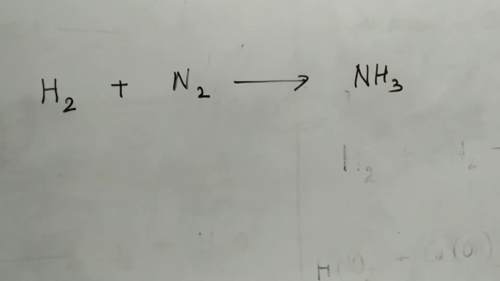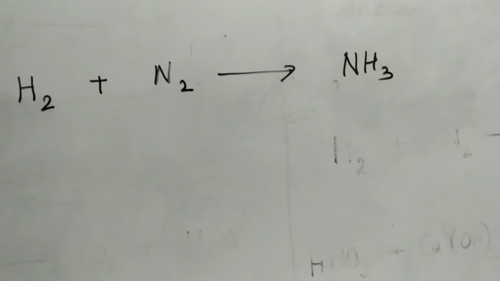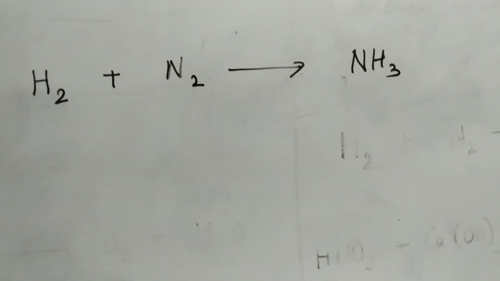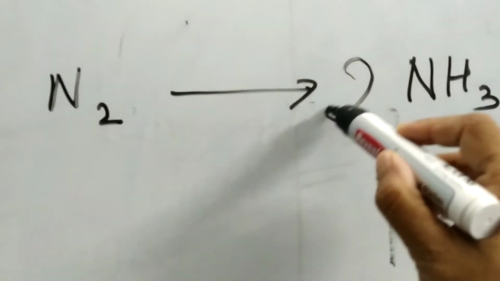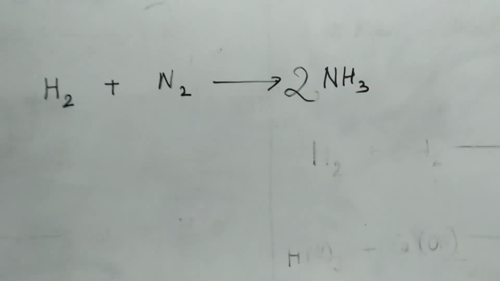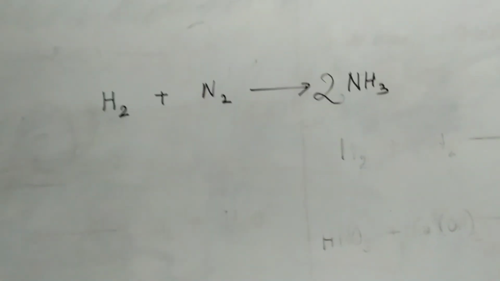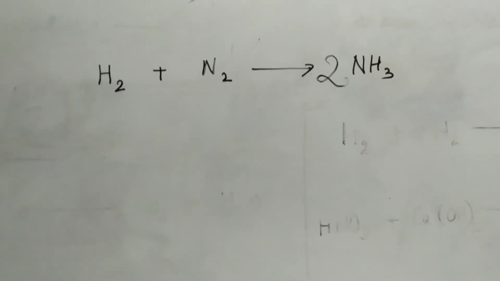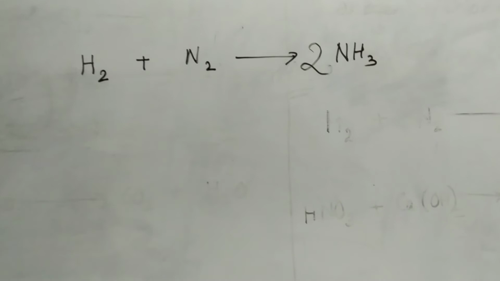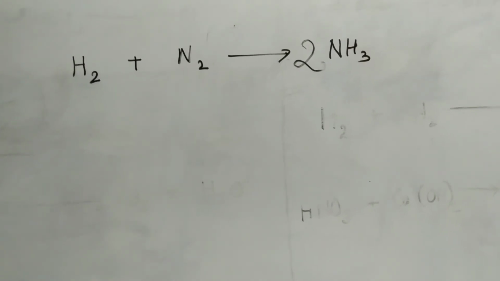Nitrogen is 2, and on the product side, it's 1. Let's make the odd even by putting a 2 here. When I put the 2 here in front, as I told you, whatever you put in the front and whatever number is beneath that particular atom, we have to multiply.